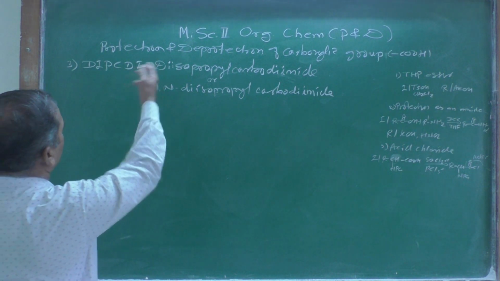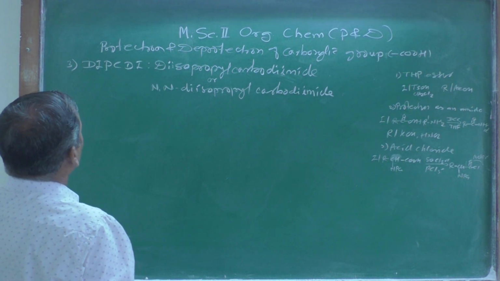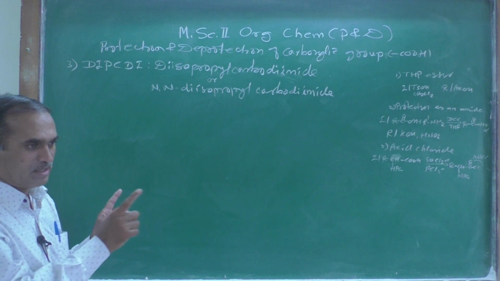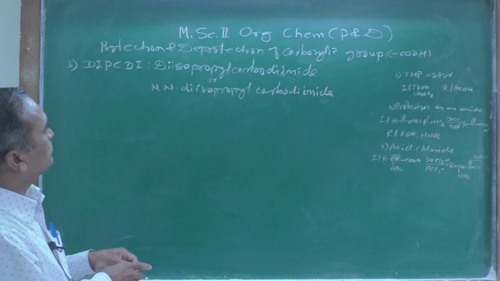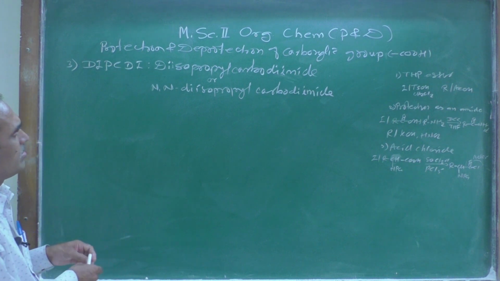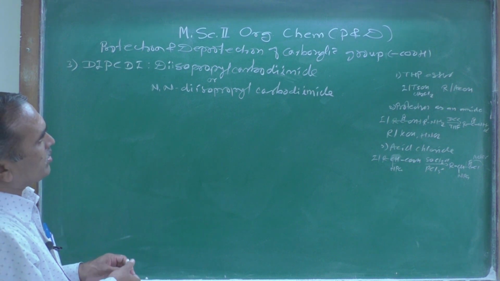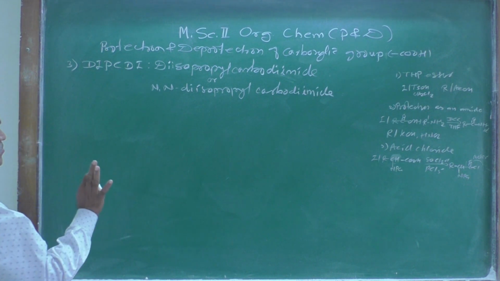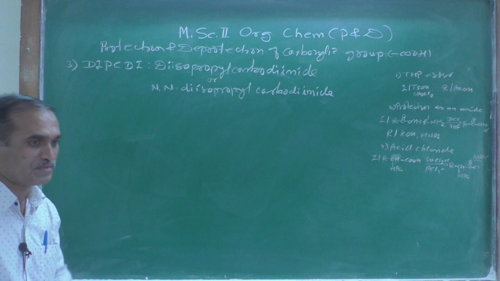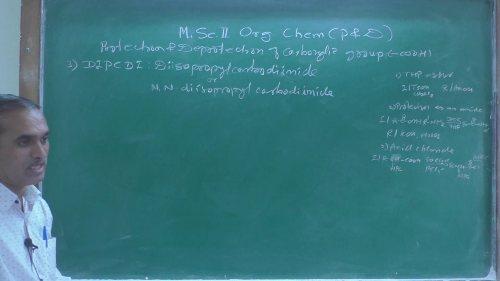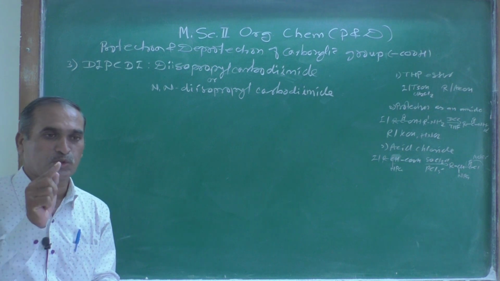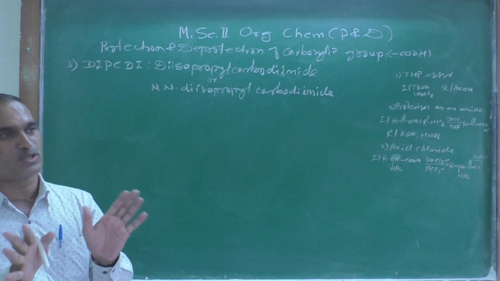Now what will be the structure of DIPCDI? If you remember, the previous reagent was dicyclohexyl carbodiimide. Similarly, this has the same structure, only instead of the cyclohexyl group, you connect the isopropyl group.